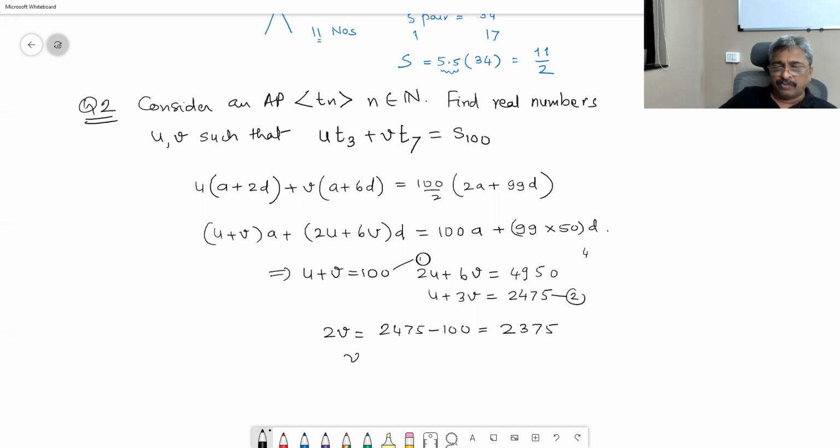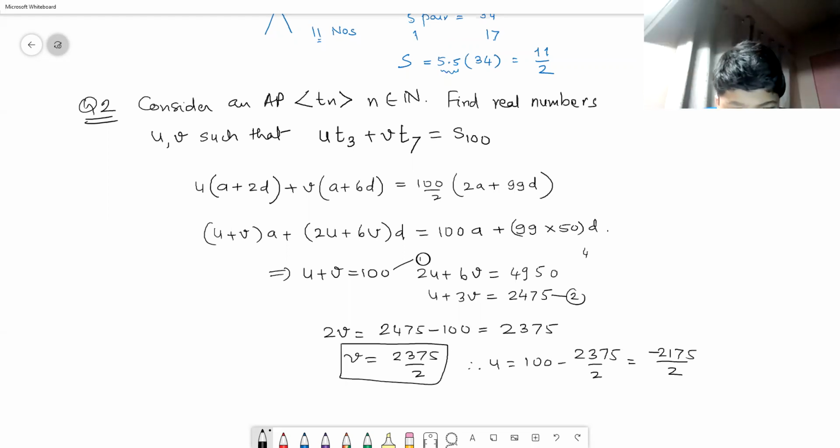Therefore V is equal to 2375 upon 2. And therefore U is equal to 100 minus 2375 upon 2, which is equal to negative 2175 upon 2. That is your answer.